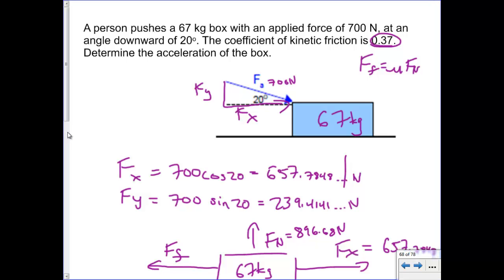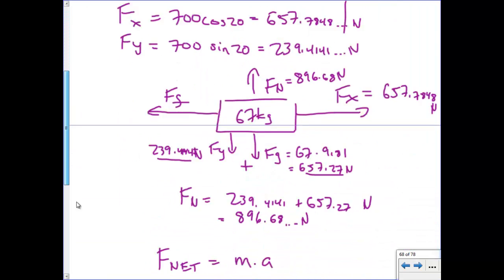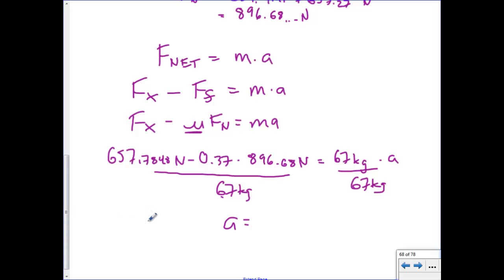I got 4.865. So with sig digs, I think we only get 2 sig digs though. So I'm going to get 4.9 meters per second squared. I should probably throw a direction on there. Forward would be good. It's moving ahead, I guess.